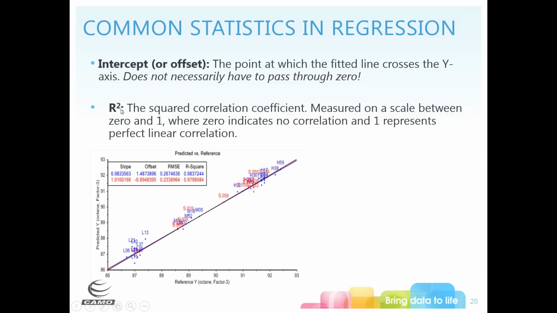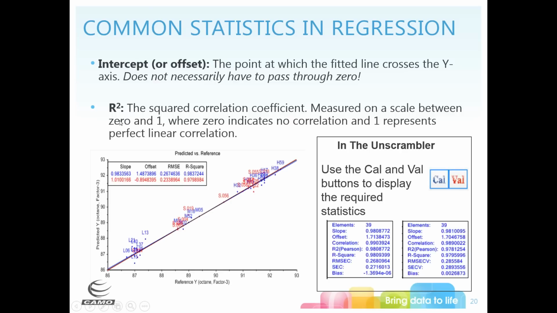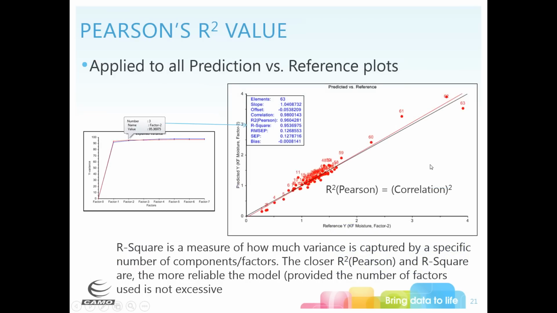And then another big thing we look at is R squared, and this is the correlation coefficient. That tells you how straight the line is, how well the data fits to those lines. And in the Unscrambler, you can look at all of these statistics for both the calibration and the cross-validation.